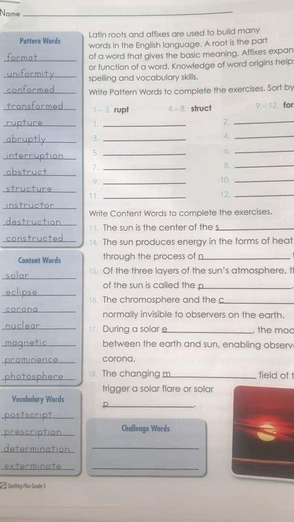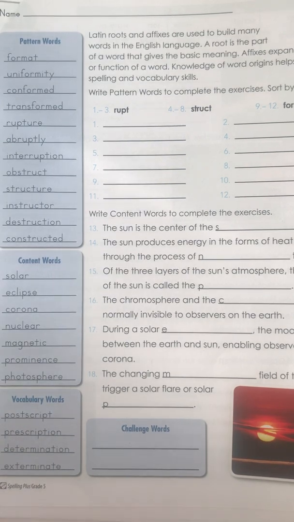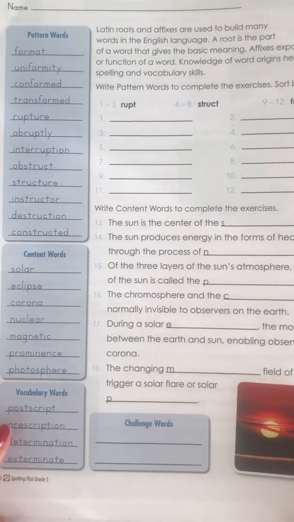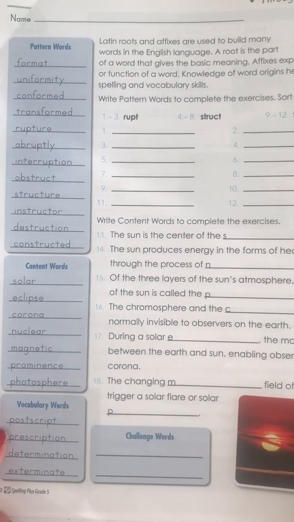But on Thursday, I'm going to condense both the Thursday and Friday assignments so that you don't just have one assignment listed on YouTube for Friday. So on Friday, as you will see, you will have a math test and you will have a spelling assignment.